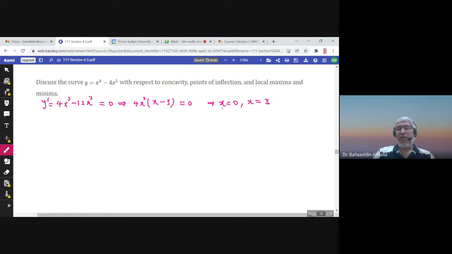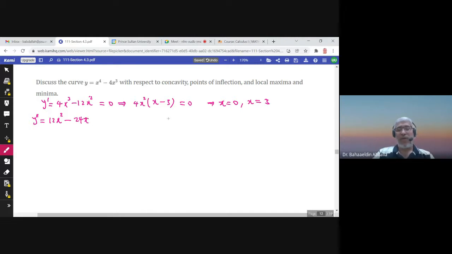So we can use the first derivative test to determine whether we have a local minimum or local maximum at 0 and 3, and I can also use the second derivative test. So let us try to use the second derivative test. To use it, I have to find y double prime. I'll find it from here. It is 12x squared minus 24x.